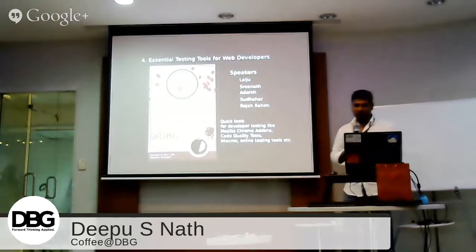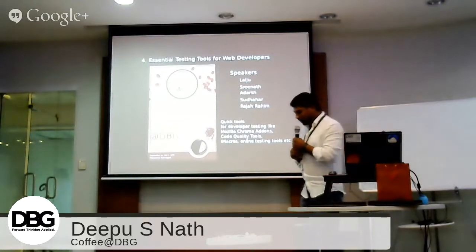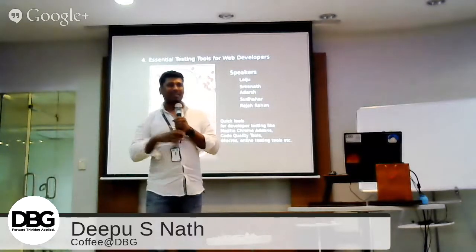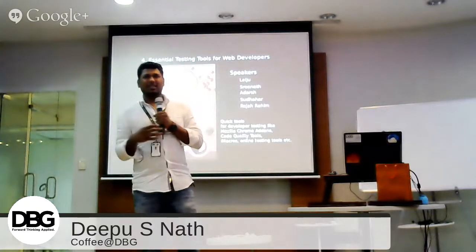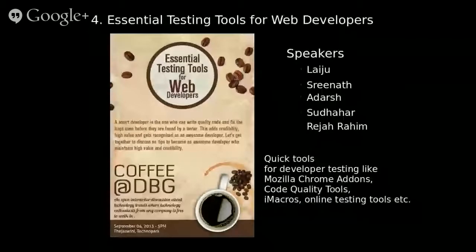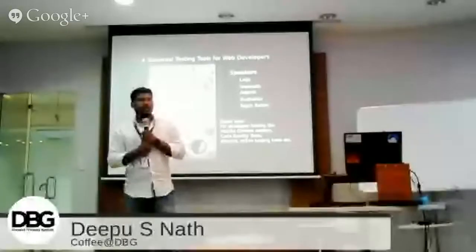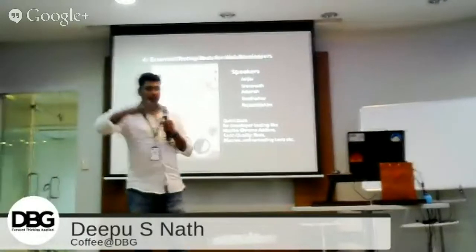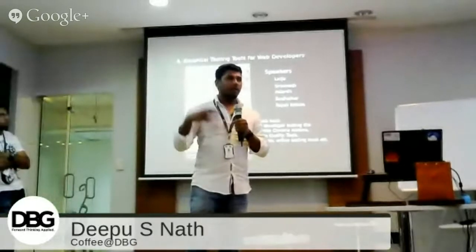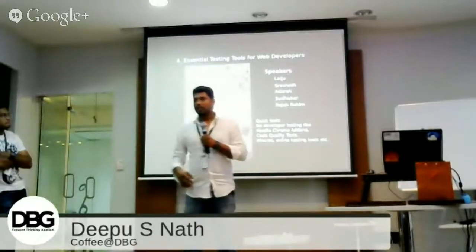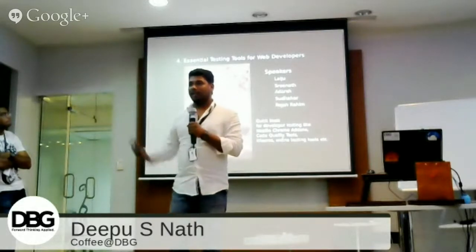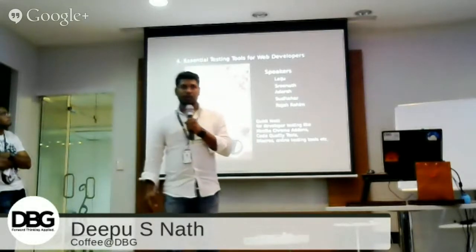The fourth session was on essential testing tools. We thought that whenever we take a session, it should be something we use or that is related to us. We have very good developers, but I always found a problem: whenever something is delivered to the QA team, the final output will be good, but developers think that developing is our part and testing is related to QA, so we will not test our work.